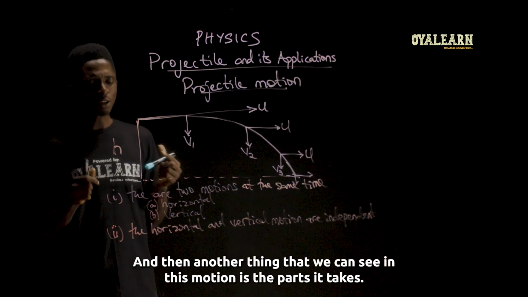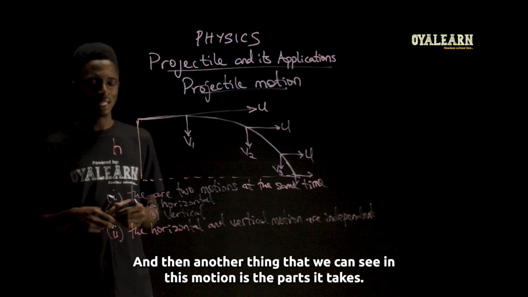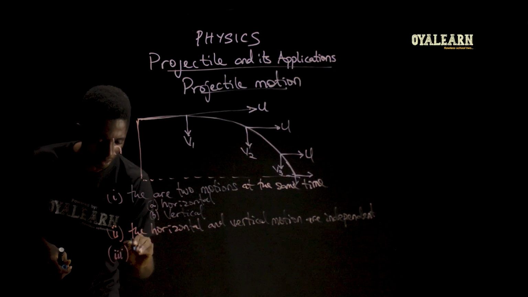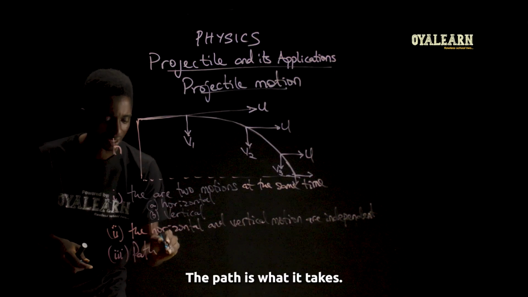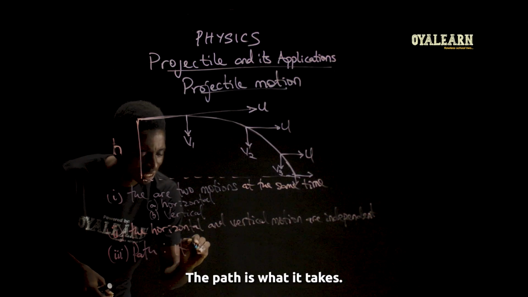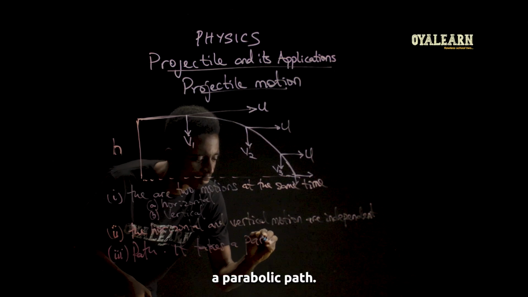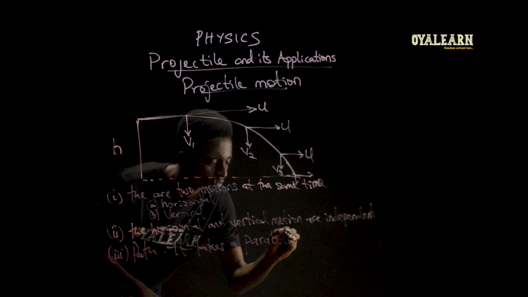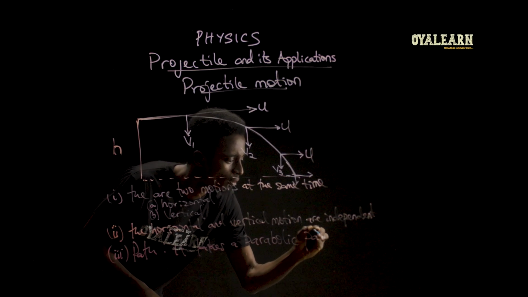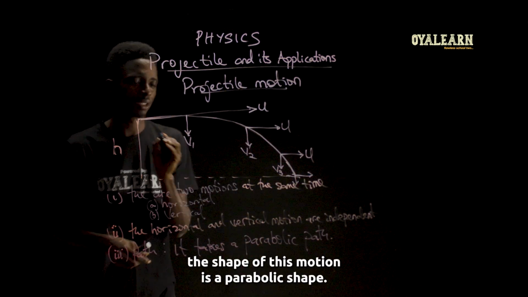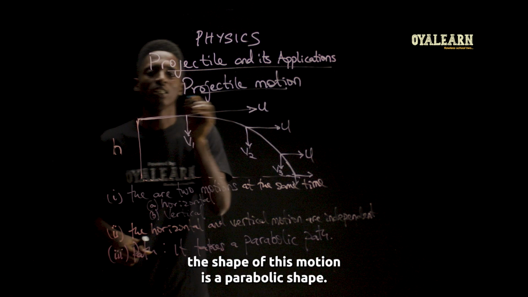And then another thing that we can see in this motion is the path it takes. The path is what? It takes a parabolic path. You see, the shape of this motion is a parabolic shape.